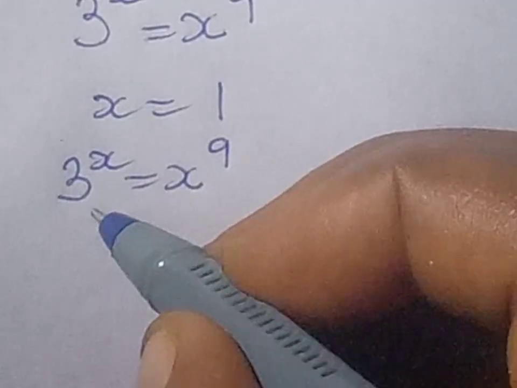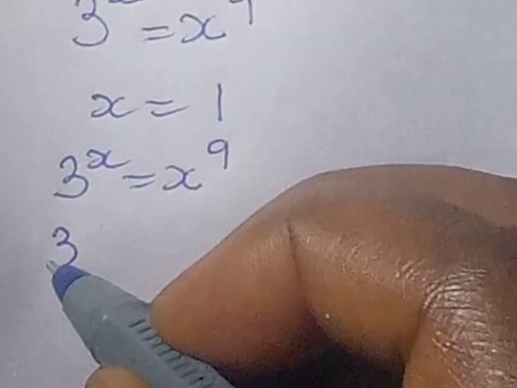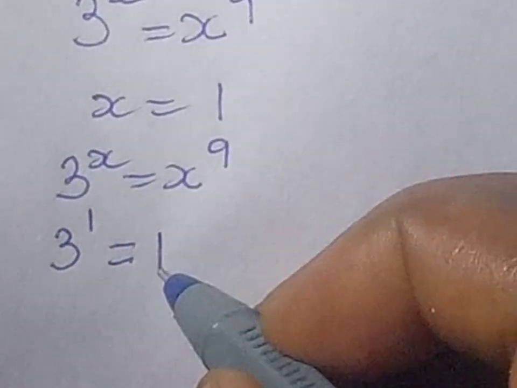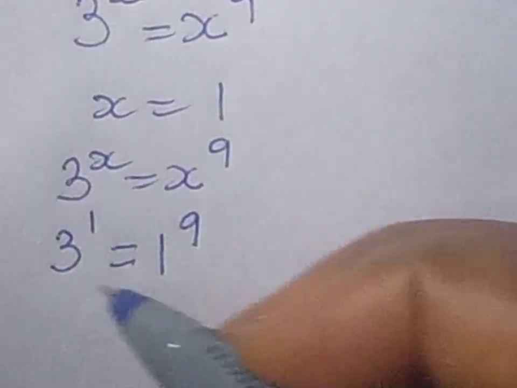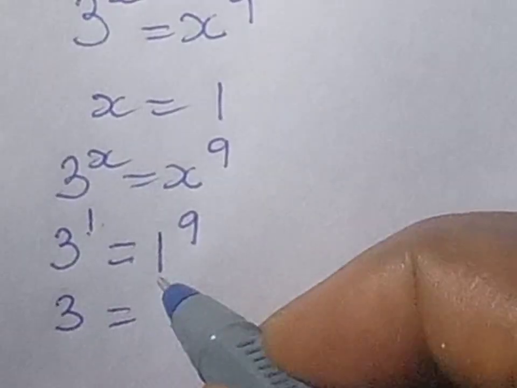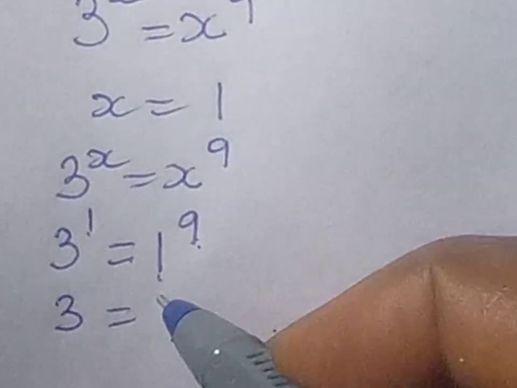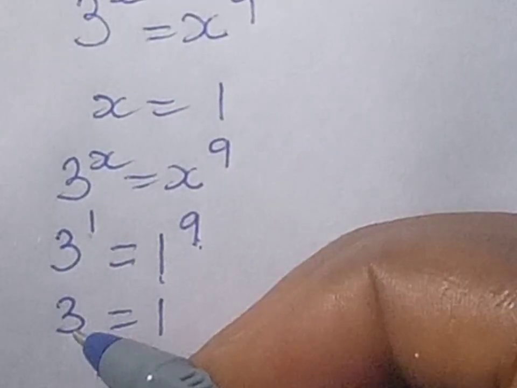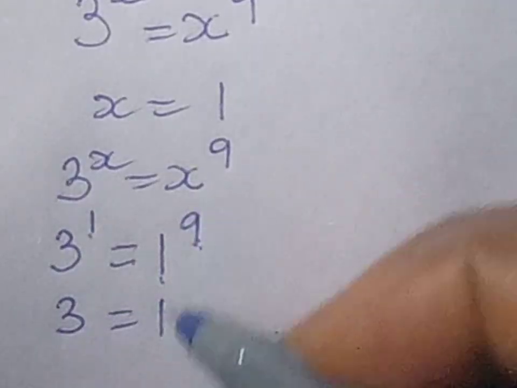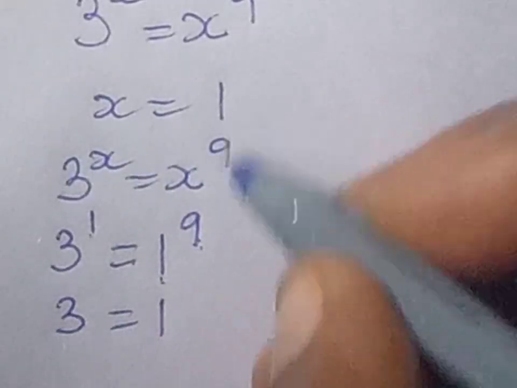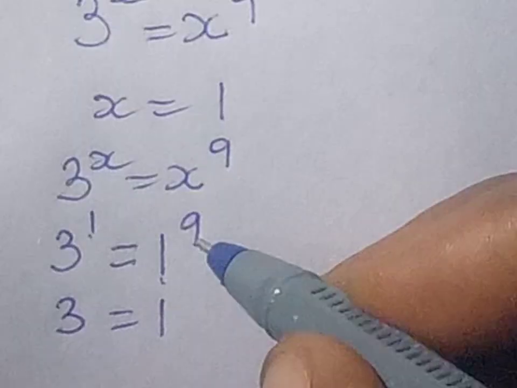So we have our left side as 3 raised to the power of 1, while our right side is 1 raised to the power of 9. 3 raised to the power of 1 is 3, and 1 raised to the power of 9 is 1. That means our result on the left side is greater than our result on the right side. That means x equals 1 doesn't work for this equation.